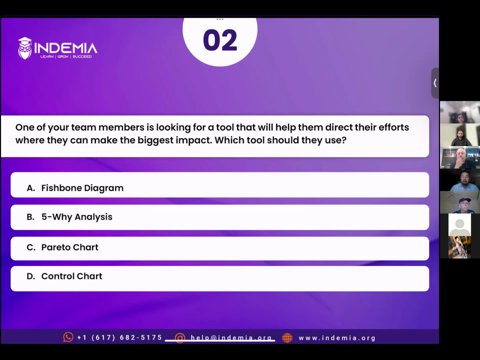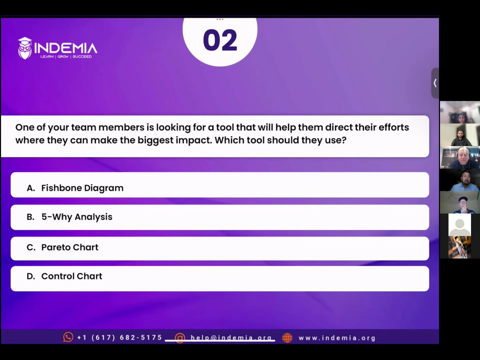Like what are the different causes of it, and what are the major causes of it. But here in the Pareto chart, it tells you what the frequency is and which is the main area we have to focus on, right?